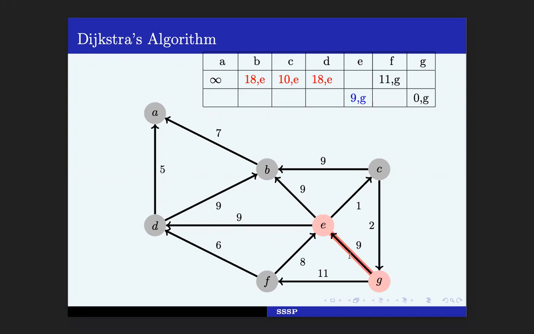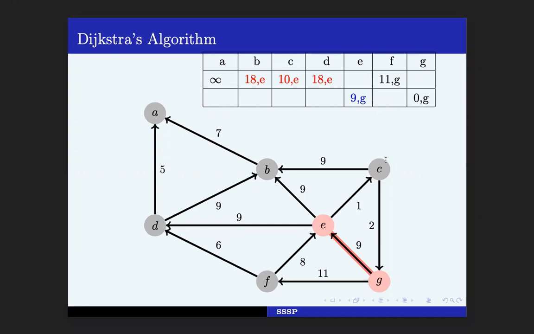Of course, I could have reached F from G in one step. I can now also reach B, C, and D in one step from the set of vertices that has been colored red.